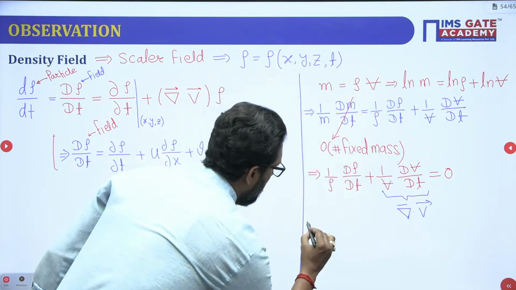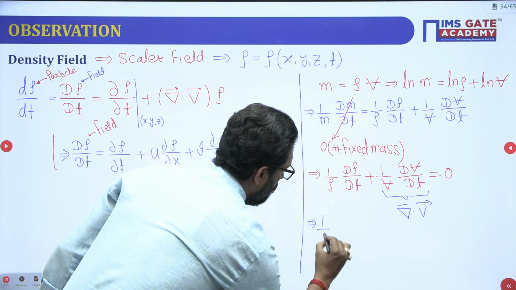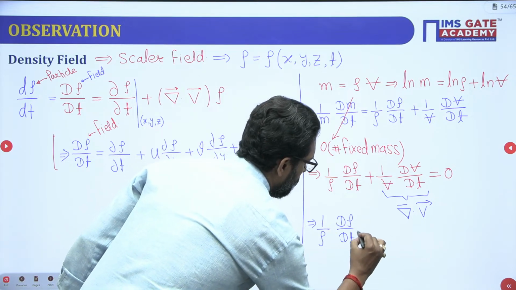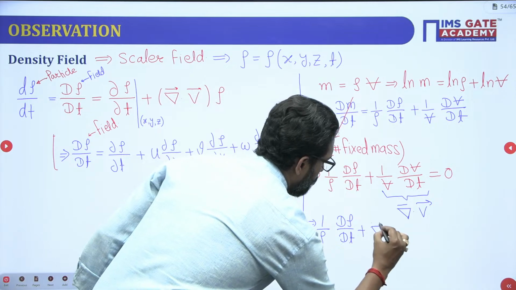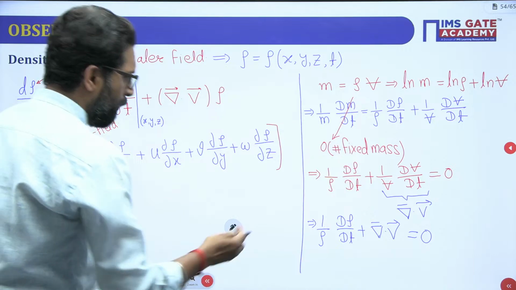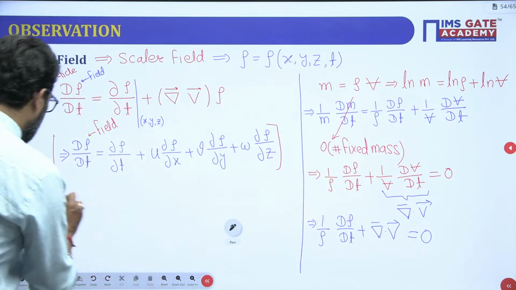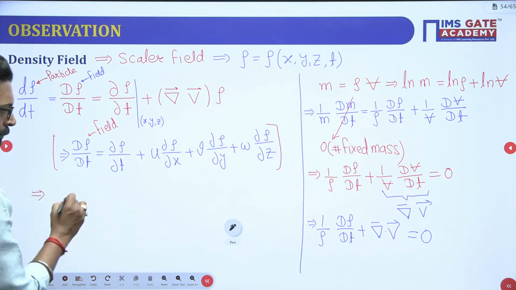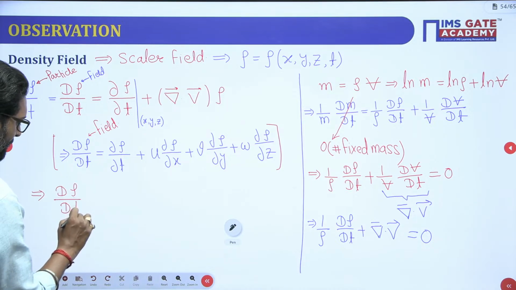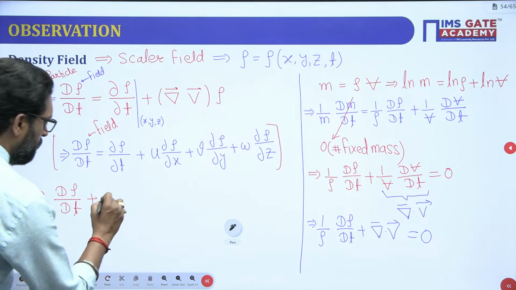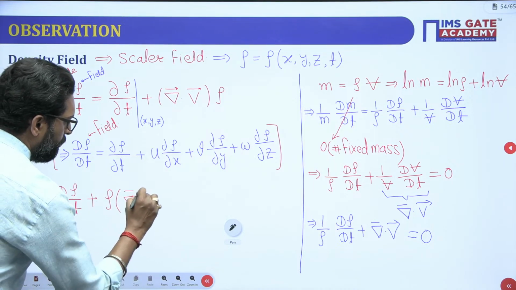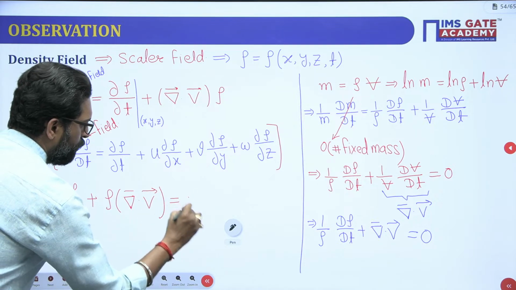So, (1/rho) d rho/dt plus the divergence of the velocity vector is equal to 0. If you write it in terms of density, d rho/dt plus rho del dot V is equal to 0.